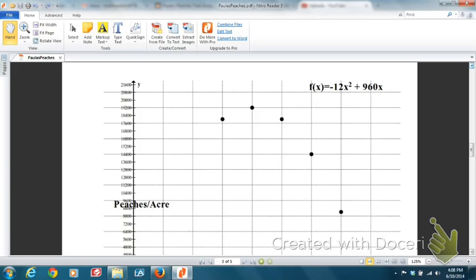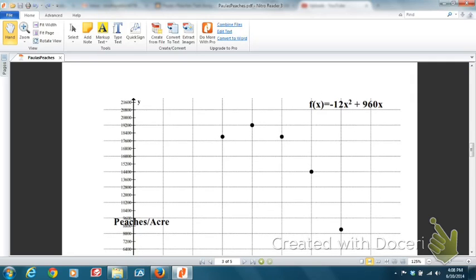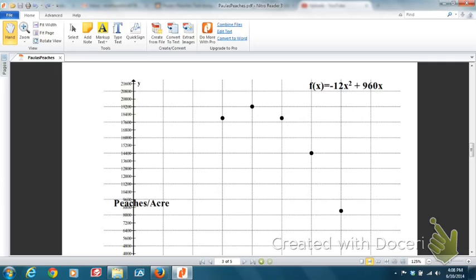A parabola is symmetric about its axis of symmetry, and the axis of symmetry is that vertical line that goes through your vertex. So if you just draw a line through the vertex, that would be your axis of symmetry.